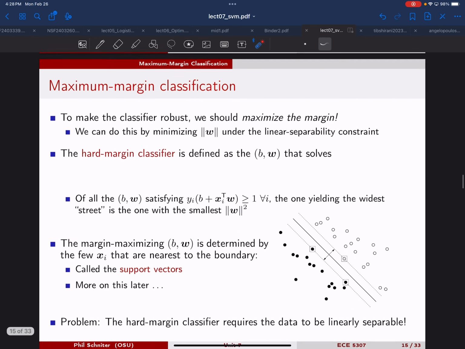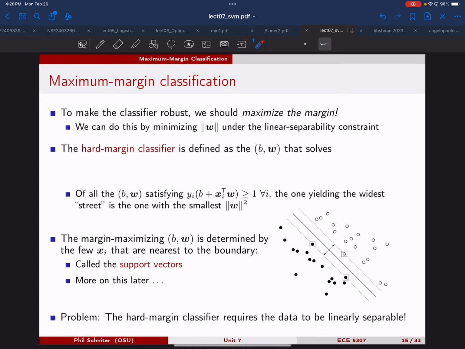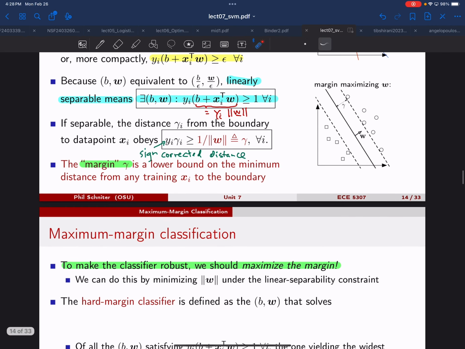So as we just described, if our goal is to make the classifier robust, what we want to do is maximize that margin. We want to find a street whose width is the largest. And if you look back at these equations, if I want to maximize gamma, then I want to minimize the norm of W, right?